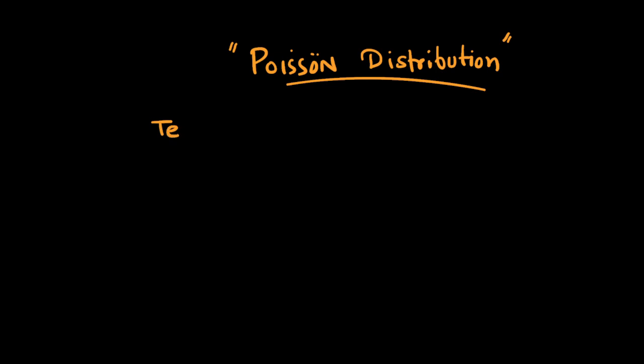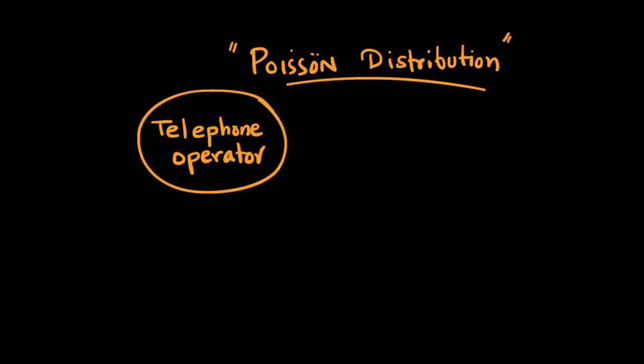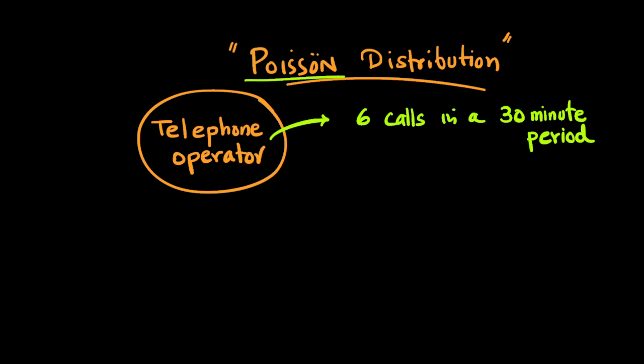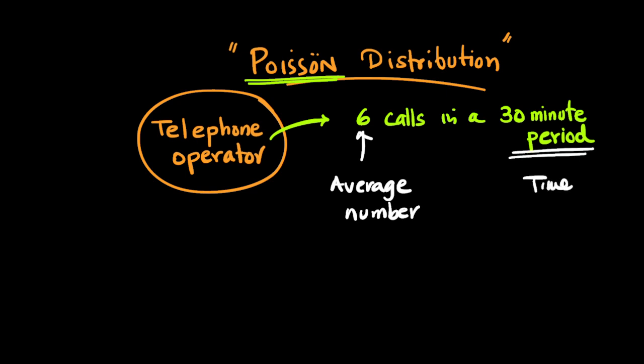If I talk about a telephone operator sitting in an office and receiving calls, we know that a telephone operator, for example, receives 6 calls in a 30-minute period. Now, such a scenario will be classified as Poisson distribution. Why is this so? Because there is an average number of calls within a certain time period.